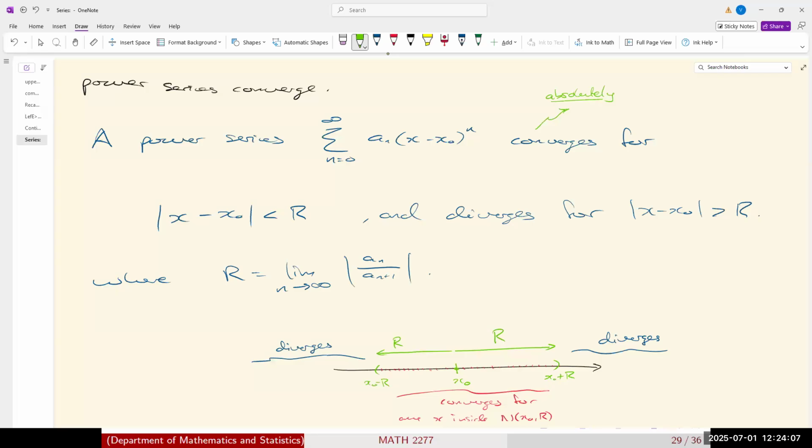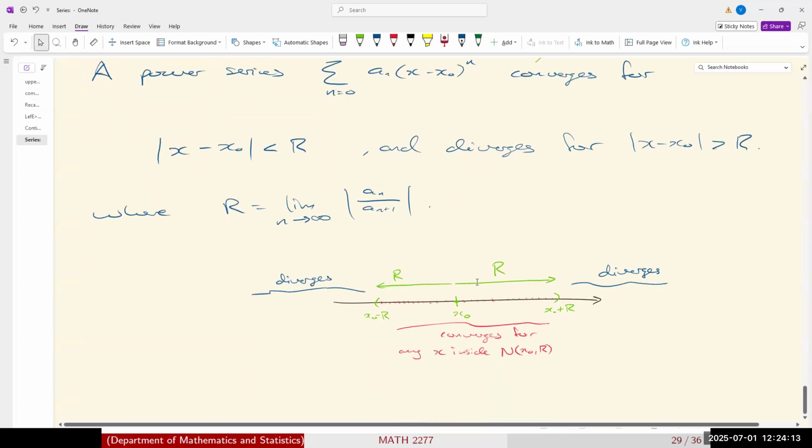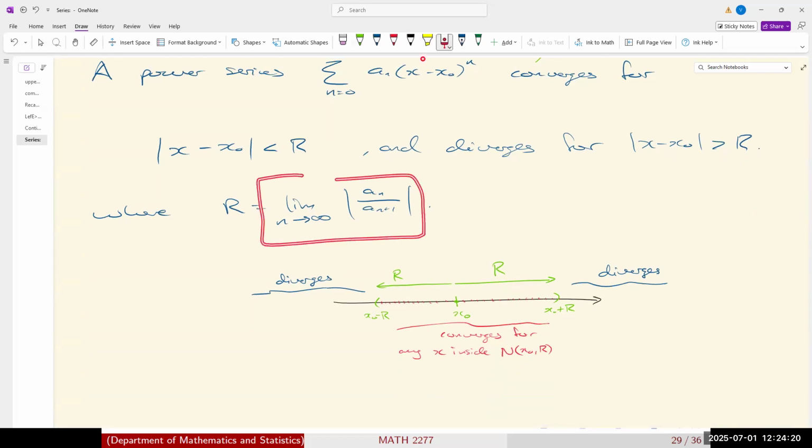Because absolute convergence means convergence, but it's a stronger form of convergence. Okay, so once you find this value R, then you could immediately tell me an interval where it converges. This is called the interval of convergence.